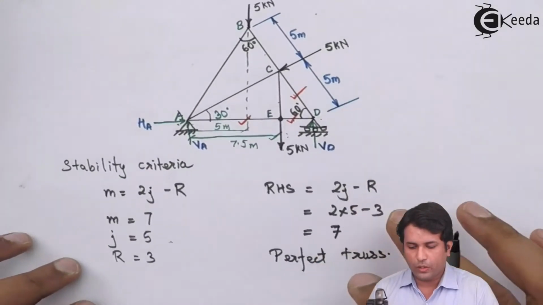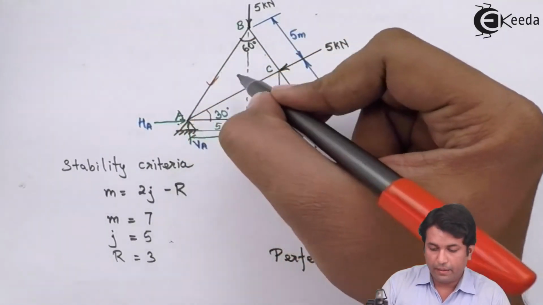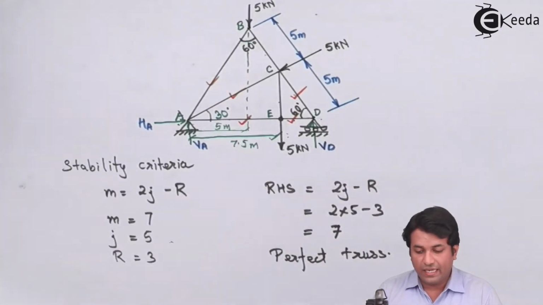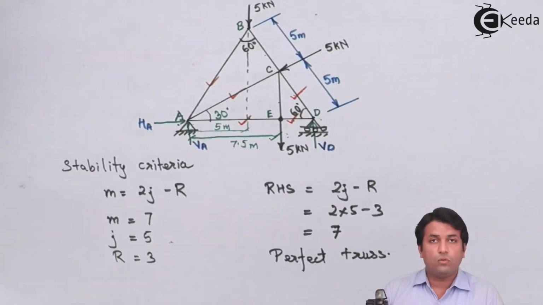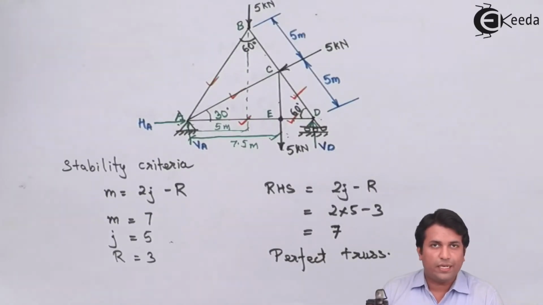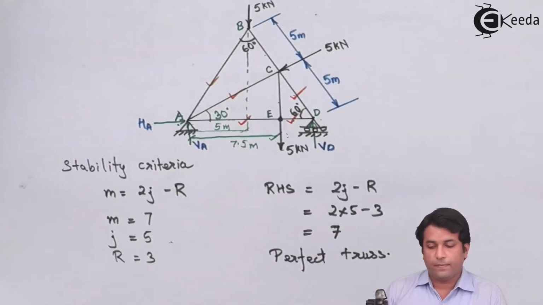Coming back to the original question, I have calculated the force in member AB and AC. By observation, I can clearly say that the only force that is remaining is in member BC. For that, I can take any joint, joint B or joint C, and find the force in member BC.